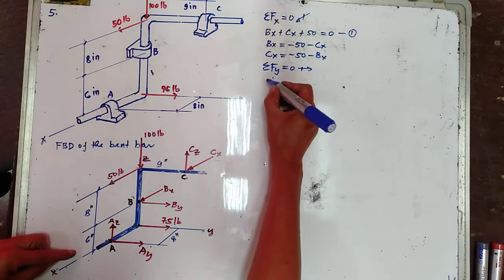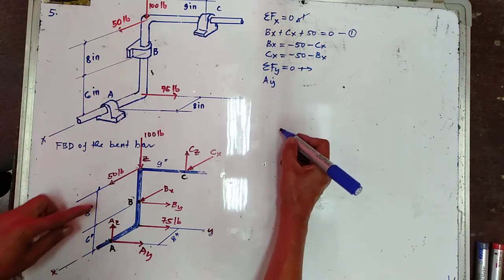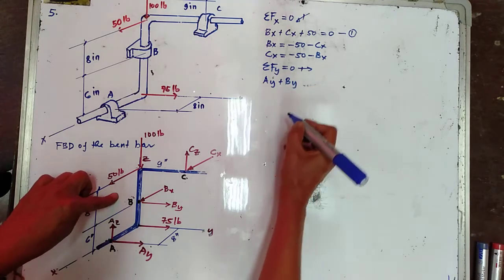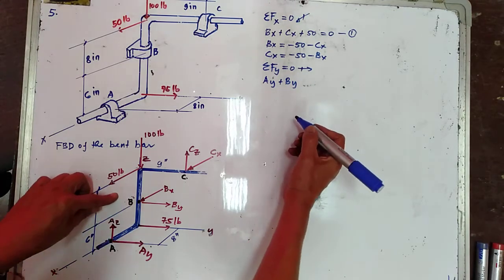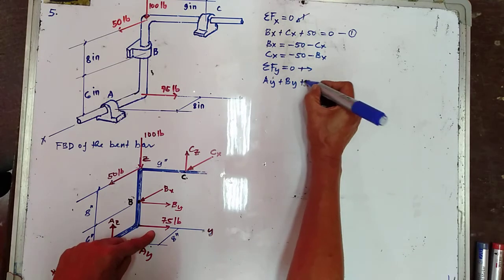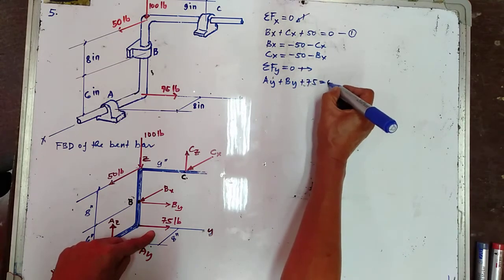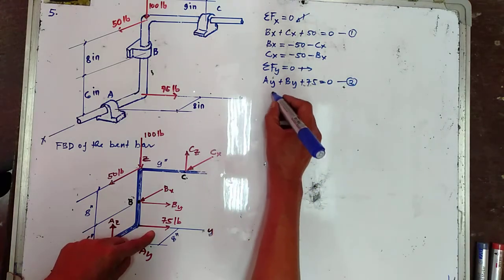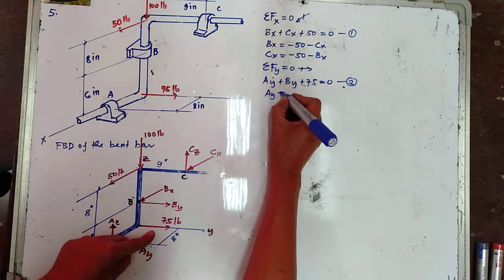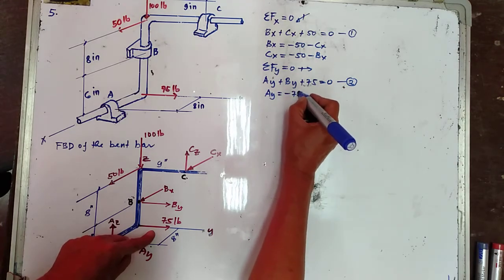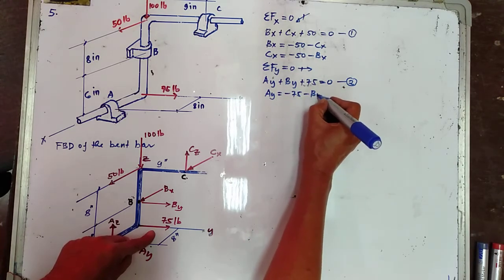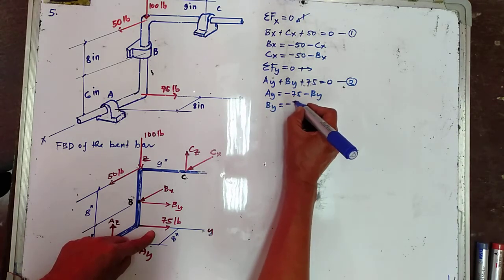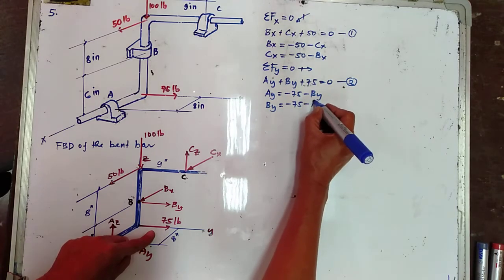So we have AY plus BY plus 75 is equal to 0. So this is now the second equation. Or AY is equal to minus 75 minus BY, or BY is equal to minus 75 minus AY.